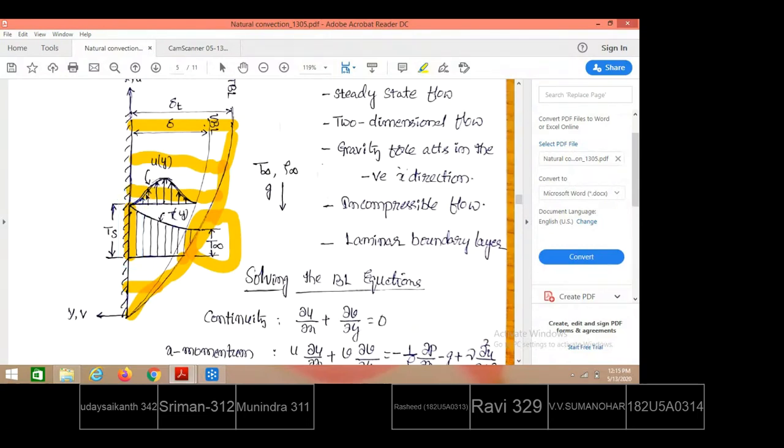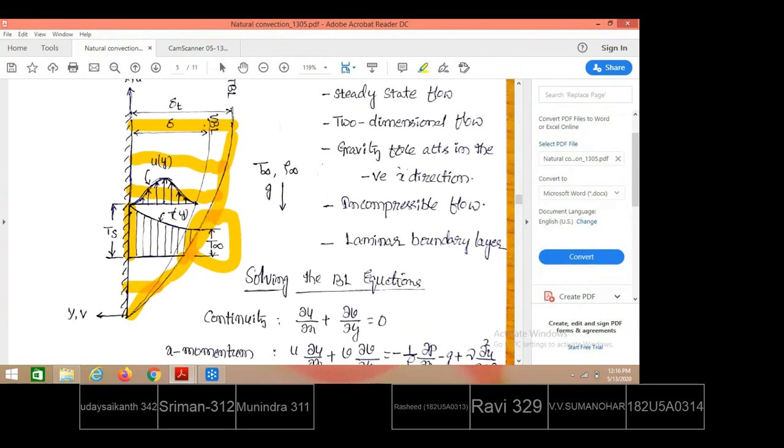From there onwards, with continuous increase of temperature, the density gradually decreases, the fluid starts rising up, and the velocity increases. Then the velocity becomes zero on the other side, so the velocity gradually decreases. This is how the velocity change takes place from the plate, and this is boundary layer development.